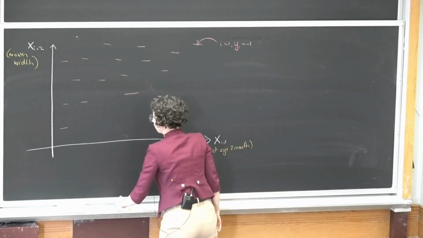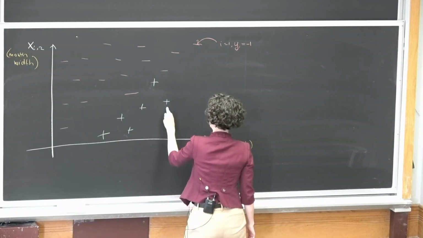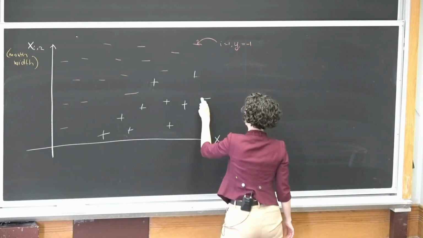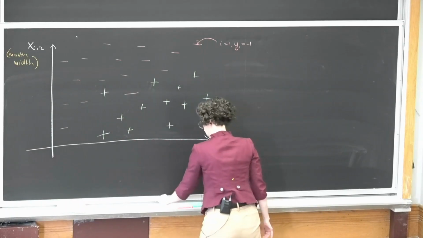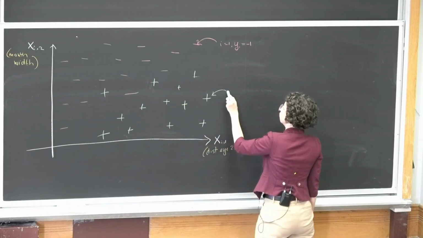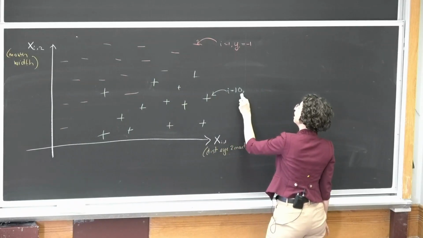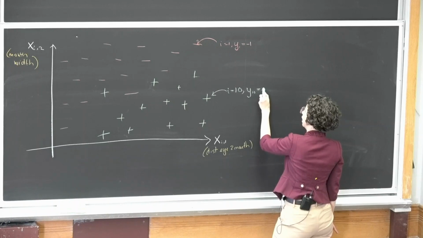And then we also have our positive examples. So what we're talking about here would be, for instance, a different one, maybe i equals 10 and y10 is equal to positive 1.